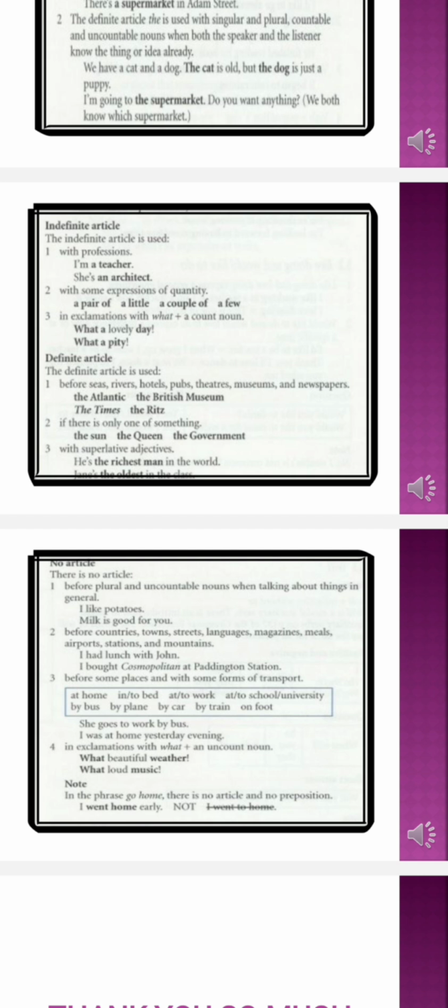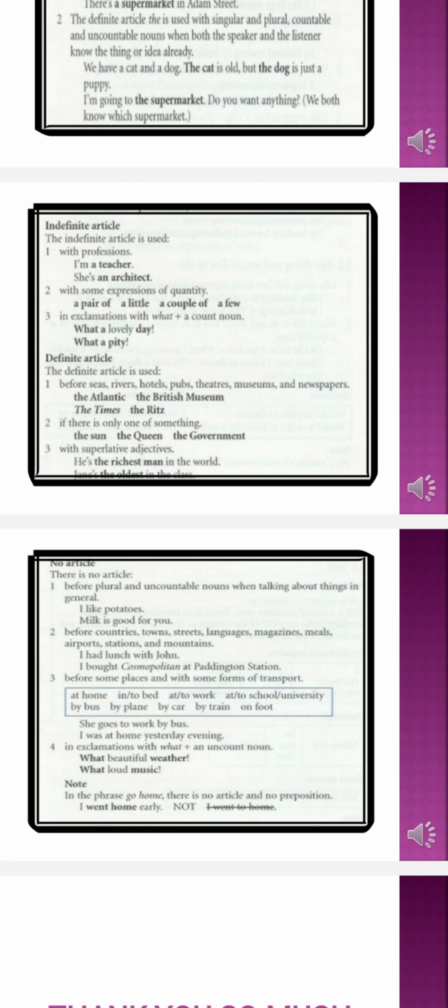Definite article. The definite article is used, number 1, before seas, rivers, hotels, pubs, theaters, museums, and newspapers. For example, the Atlantic, the British Museum, the Times, the Ritz.